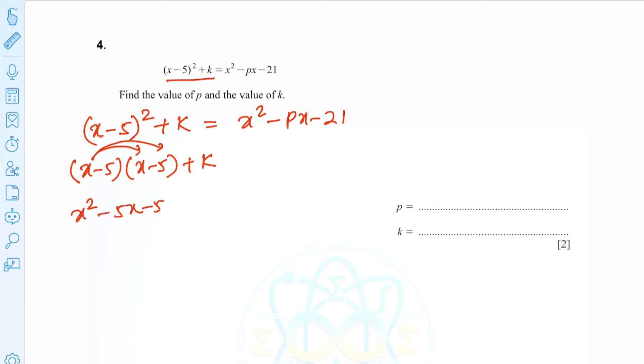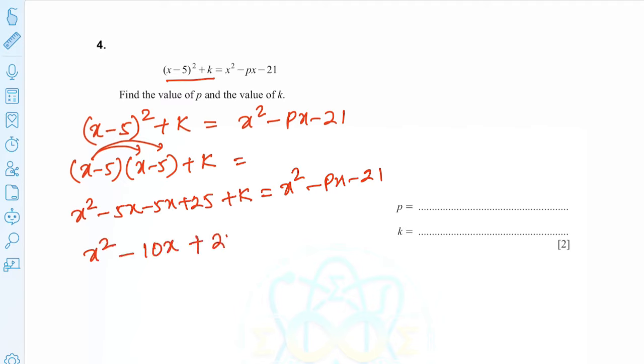This will be again minus 5x plus 25, plus k, that equals x squared minus px minus 21 this side. Clear? So try to simplify more. This is x squared, like terms, this will be minus 10x, and this is 25 plus k, that equals x squared minus px minus 21.